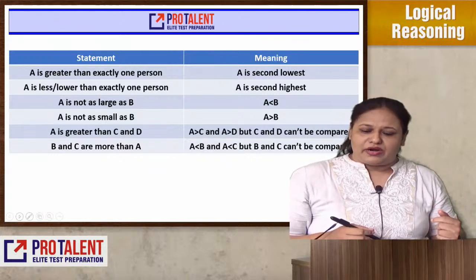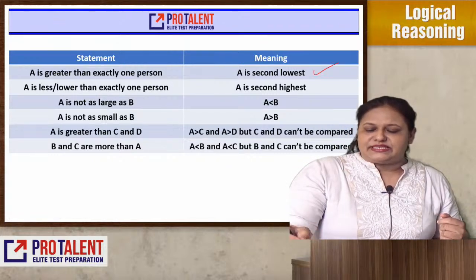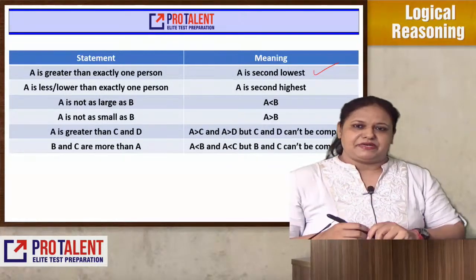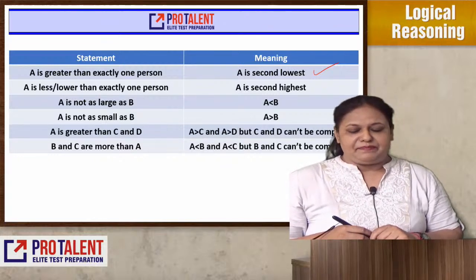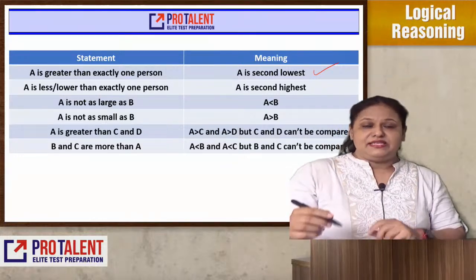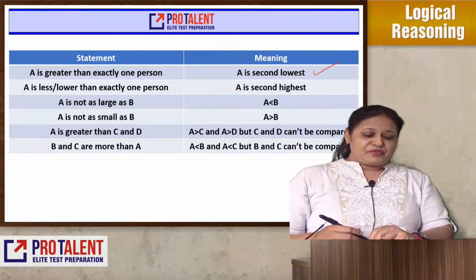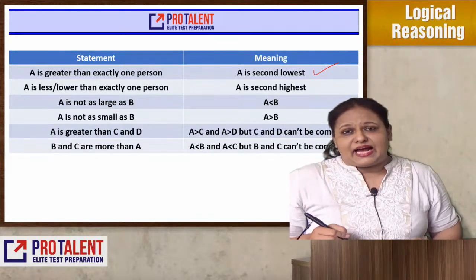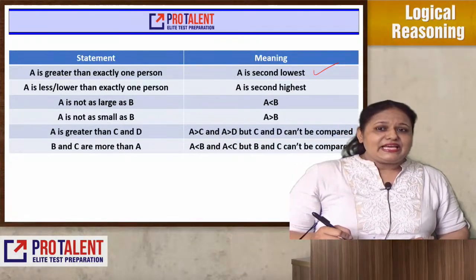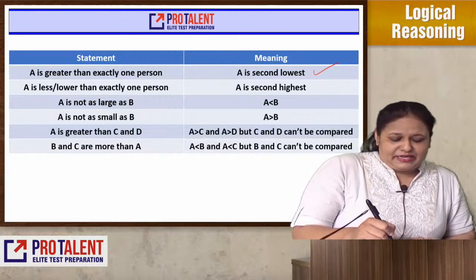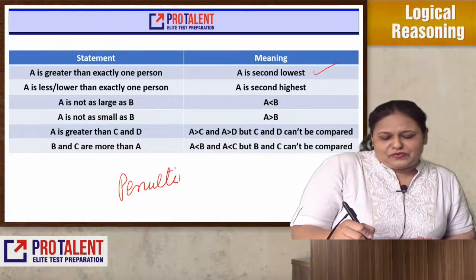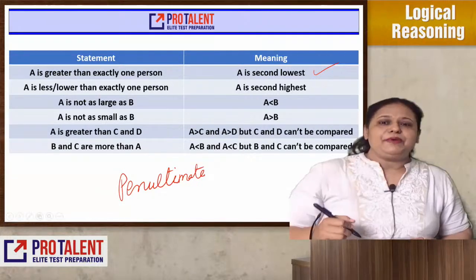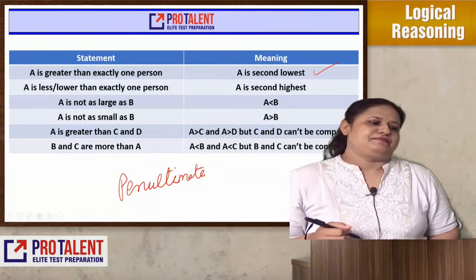It means that A is the second last or second lowest person. A is lower than exactly 1 person. Means A is second. If I say that A stands at a penultimate position, what do you mean by penultimate position?